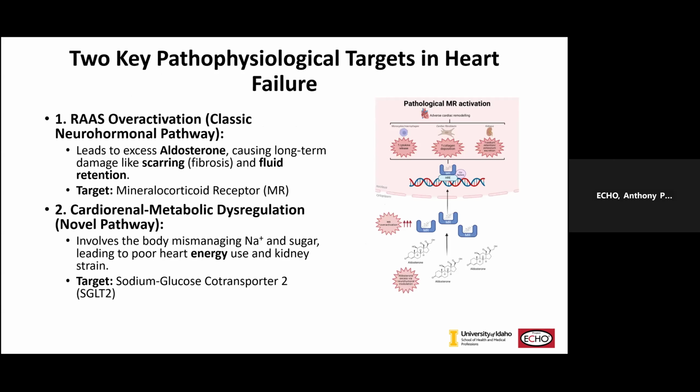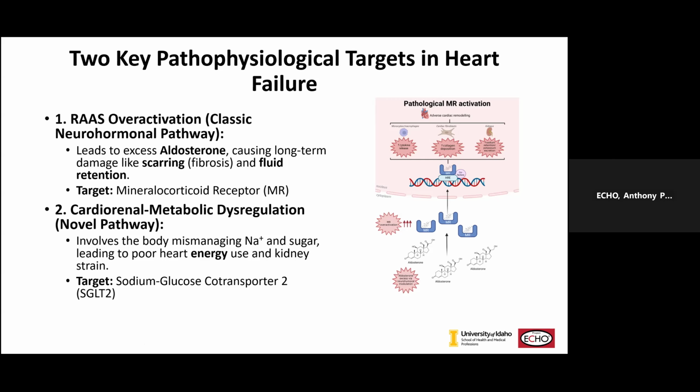So first thing we want to look at is what these two drug classes are targeting. When we're looking at the MRAs, we're looking at the renin-angiotensin-aldosterone system overactivation. This can be caused by stress on the heart in general. It's called the neurohormonal pathway. It also includes the sympathetic nervous system.